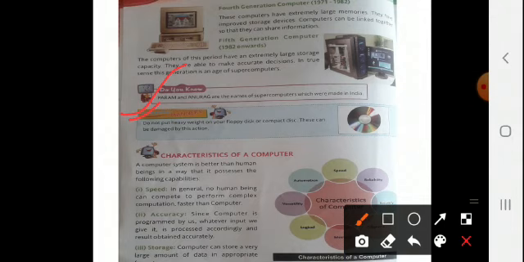Let's have a conclusion. The first generation computer was very heavy, near about 27 tons, and it was named Mark 1. The second one is a little bit smaller in size and uses languages such as COBOL and Fortran.